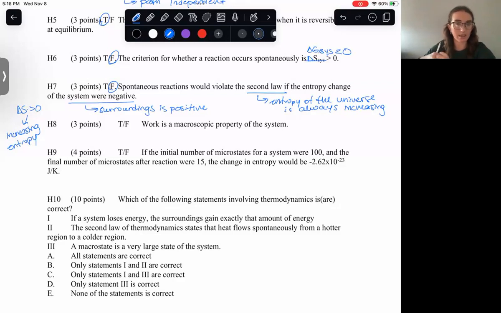If it's not in the system, it has to be in the surroundings. And the surroundings contribute to the overall universe disorder. And so if the surroundings is positive, that means we're increasing the disorder of the universe as well. So that's why it doesn't violate the second law.